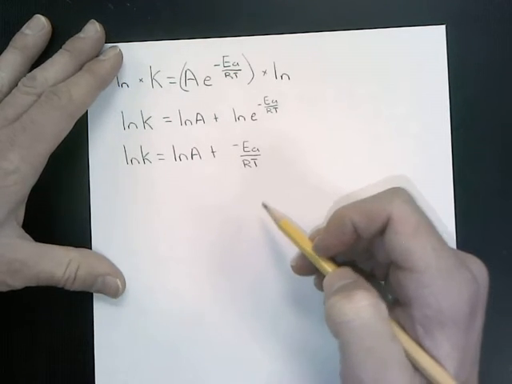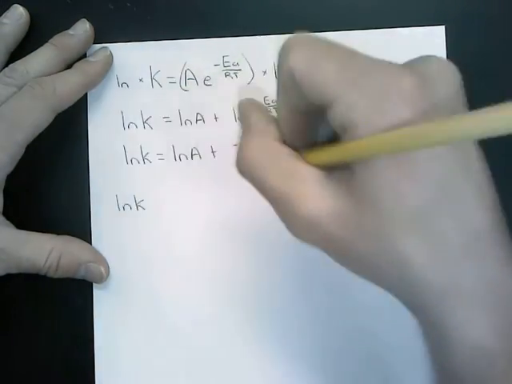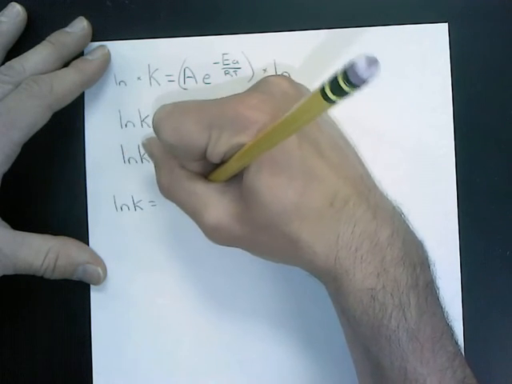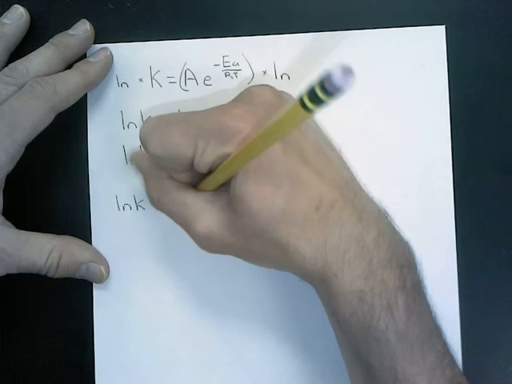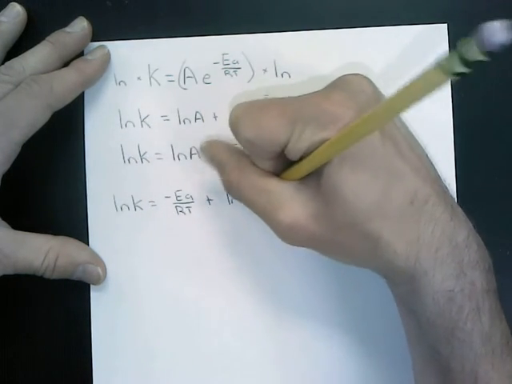Now what we can do, I'm just going to rearrange this, and I'm going to have this formula here: natural log of k equals the negative Ea over RT plus the natural log of A.